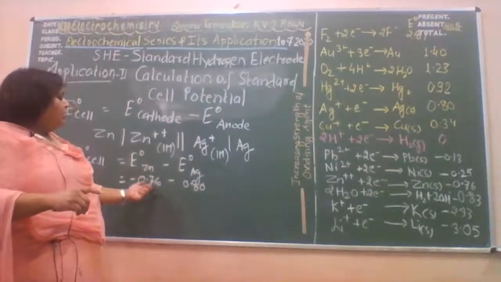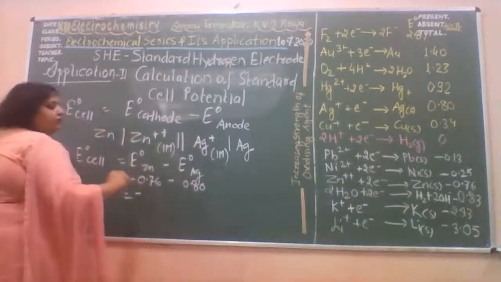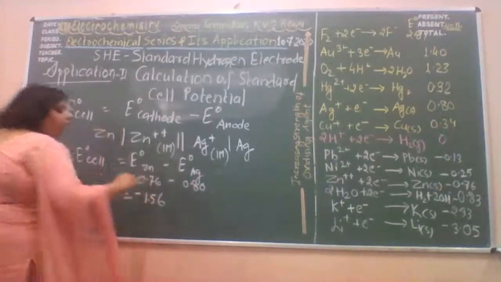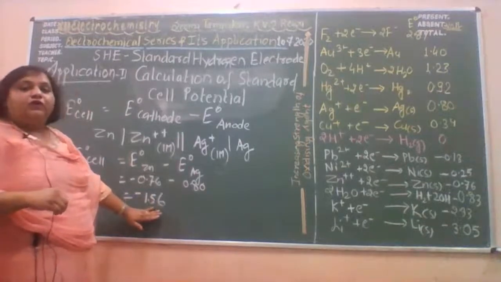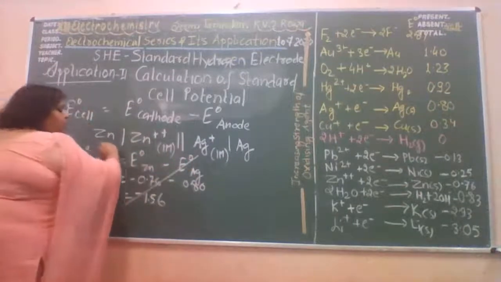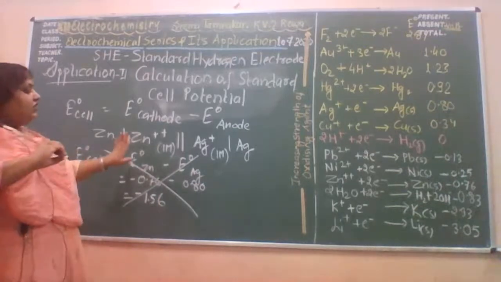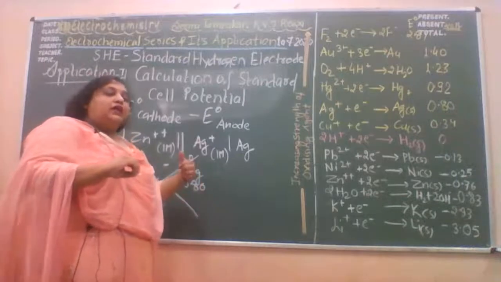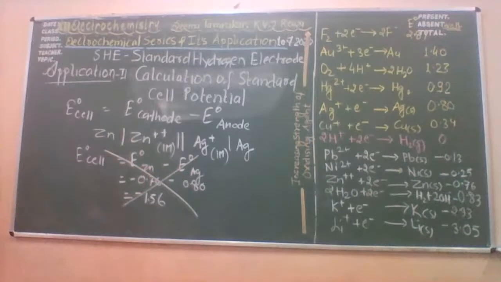What value will you get? You will get the value minus 1.56 volt, and if the value of the E cell is minus, it proves that this cell does not exist, right? That means this is the way by which I just wanted to teach you how you can identify the anode and cathode, right?